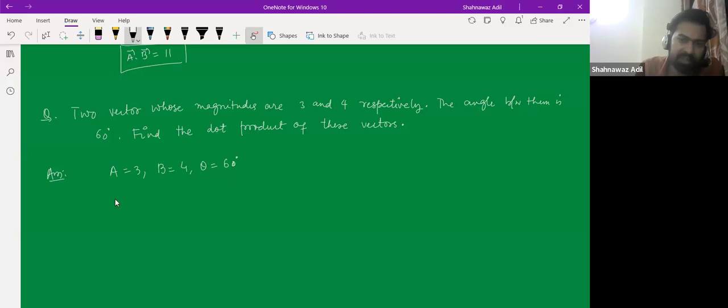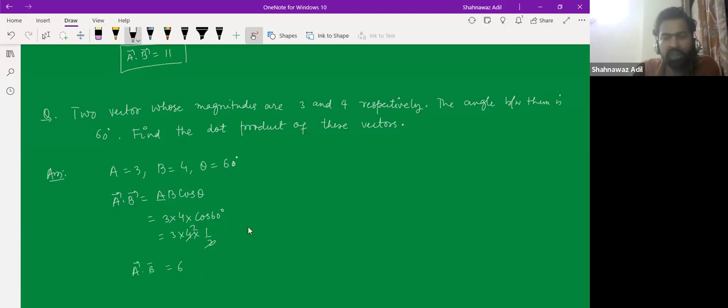A dot B is 3 times 4 times cos of 60. Cos of 60 is half. So this would be simply 6. So we have found the dot product in a different way.